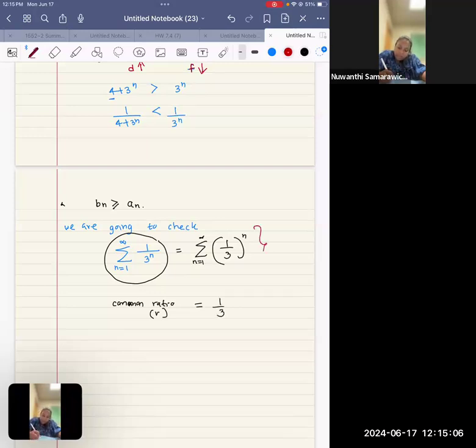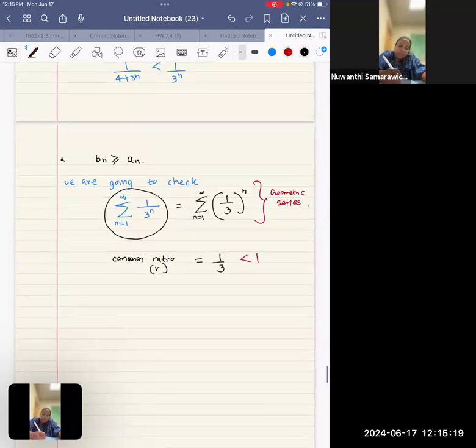So this is a geometric series. If the common ratio is less than 1, then we already know the whole series is convergent. So this whole series is convergent.